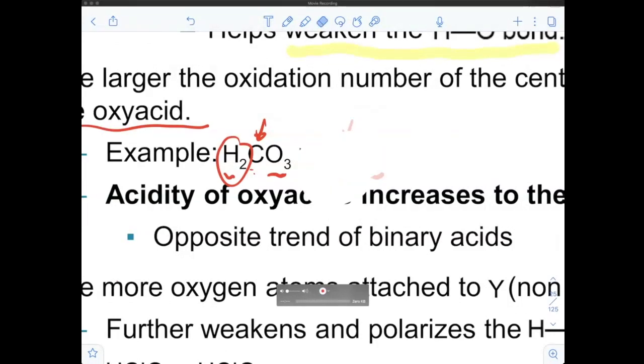But since you have both a difference in the hydrogen and the central atom, you want to prioritize the central atom difference over the hydrogen. And the one that sits more to the right in the periodic table, in this case the one that has a higher oxidation number, will be the one that's more acidic.